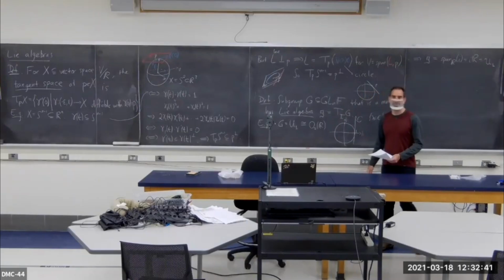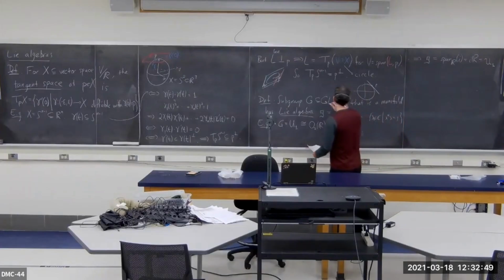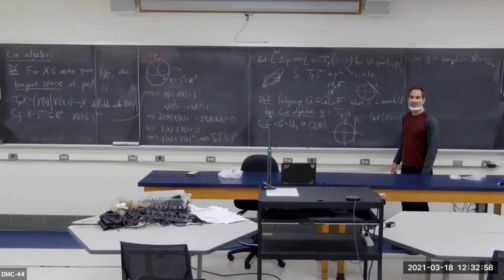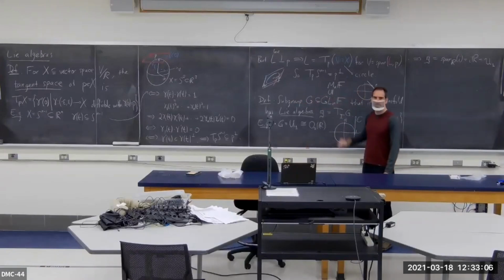Does it matter? A group does not have a vector space structure, but GLn of F is the invertible matrices inside Mn of F, right? So I'm in a bind here. If I'd written a subgroup G contained in Mn of F, you would have complained that Mn of F is not a group, so it can't have a subgroup.